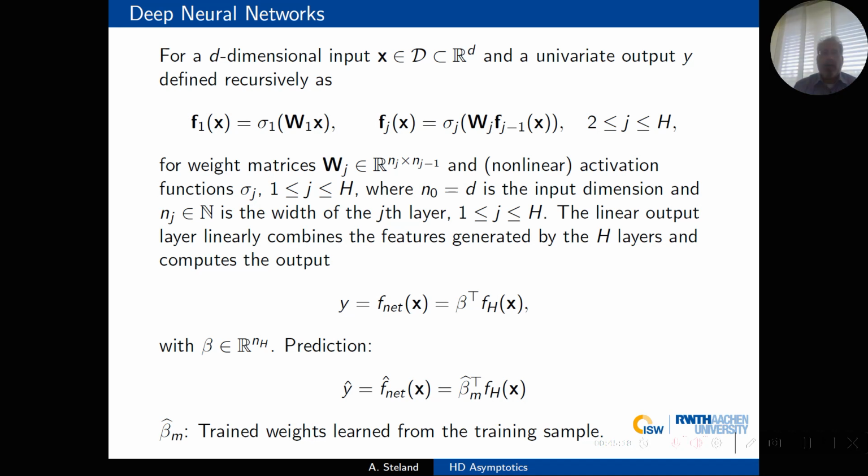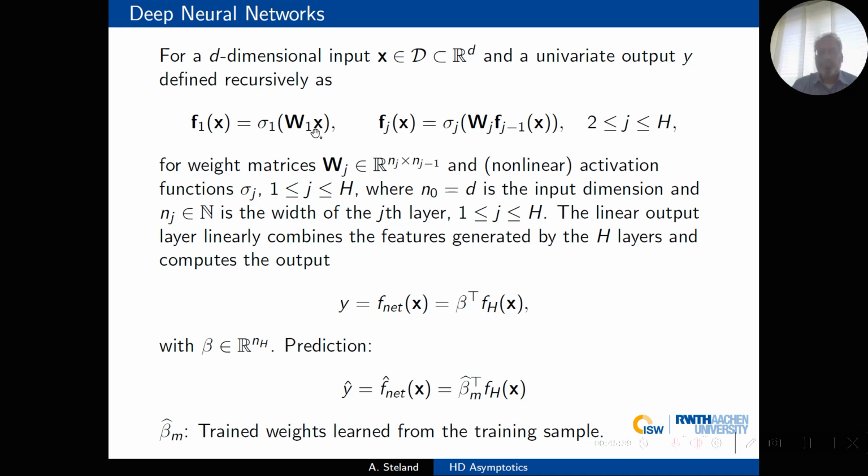So let us take a look at how a deep neural network works. With a d-dimensional input x, say we generate a univariate output y. These nets are recursively defined in the following way.